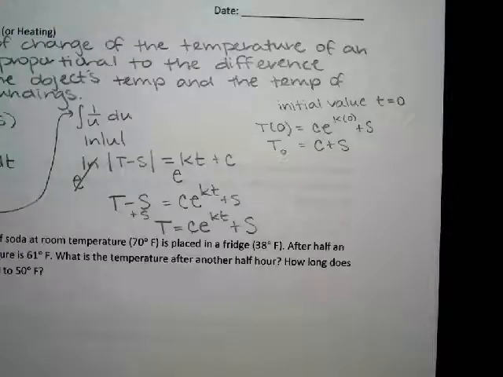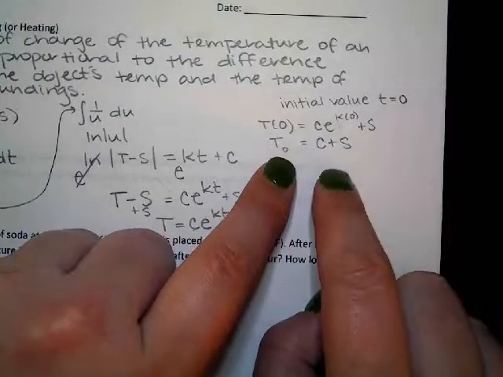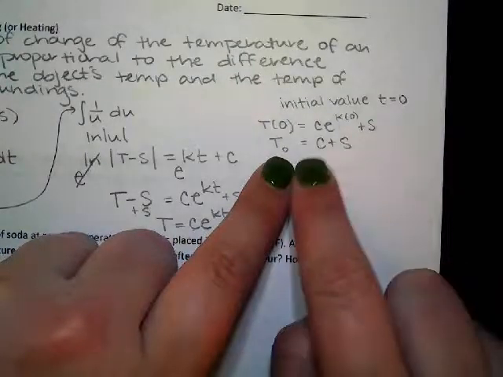And so if we think about how these problems are going to go, we could picture them giving us an initial value, and we can picture that the temperature of an object versus like the temperature of the surroundings, they're probably going to give us an S. Does that make sense? We can isolate our formula to have a T sub 0 in the formula and have an S in the formula. But if we can get rid of the C, that would probably be helpful.